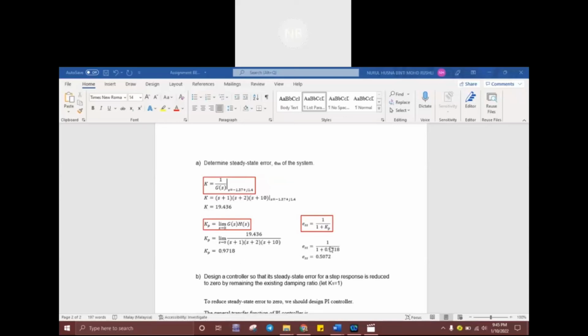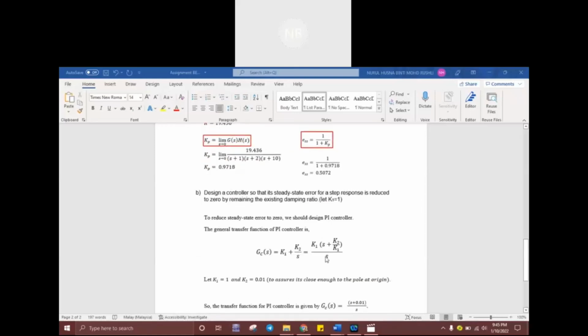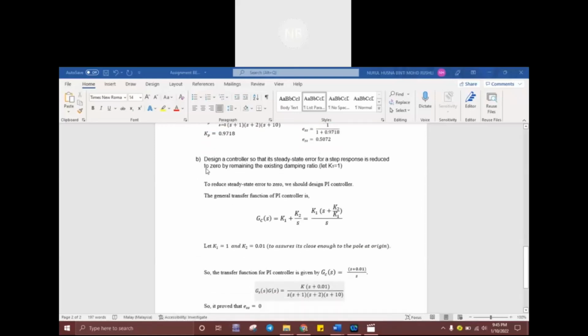We put the Kp value into this equation, and ESS is equal to 1 over 1 plus 0.9718. ESS is equal to 0.5072.